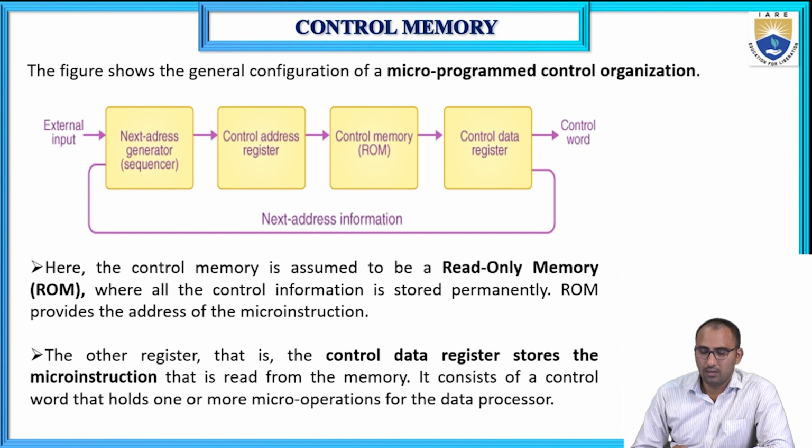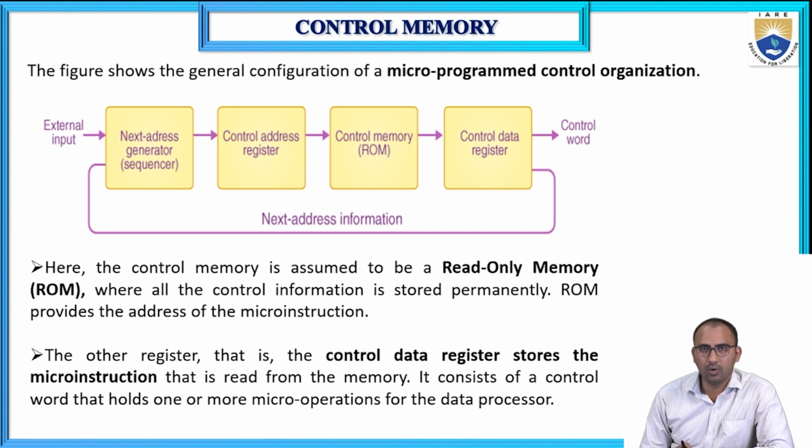And coming to the microprogrammed control unit organization, here it is an address sequencer. Okay. So just before, we have seen the microprogrammed control unit. In the microprogrammed control unit, we are generating the timing and control signals using some microprogram.